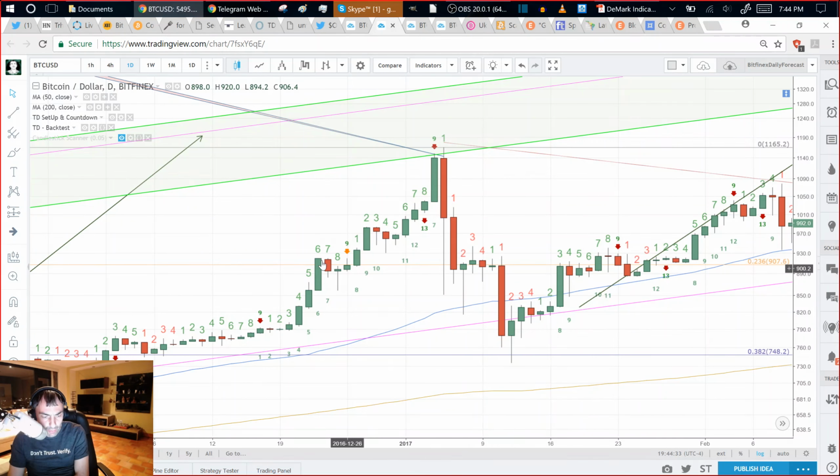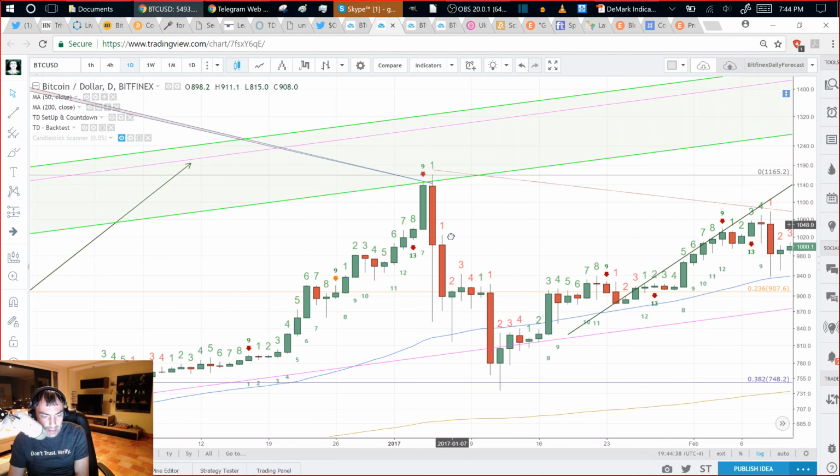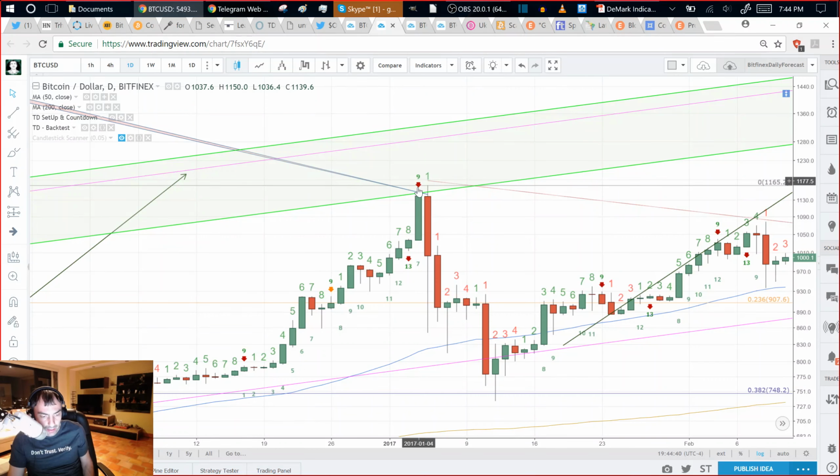So whether you exited right here or you stuck around, either way, look at how amazingly timed the next setup was. And once again, I am one candle ahead of the book, because this would have been a skipped candle and this would have been a 1, and the 9 would have come on one candle later.